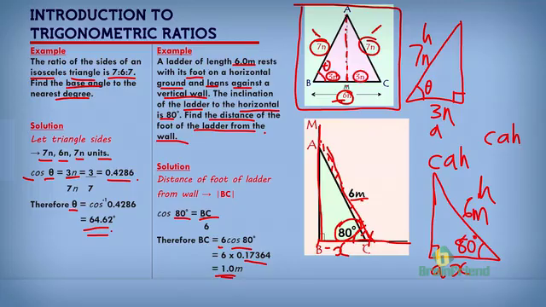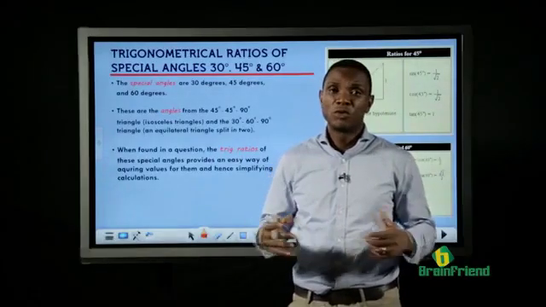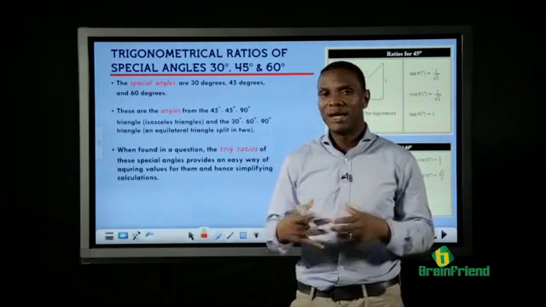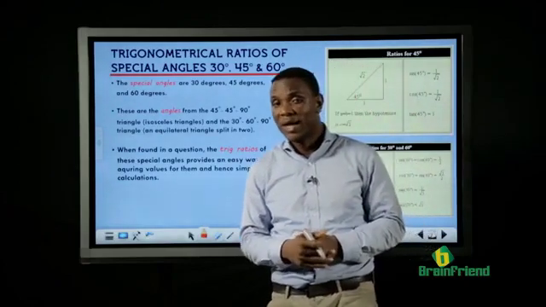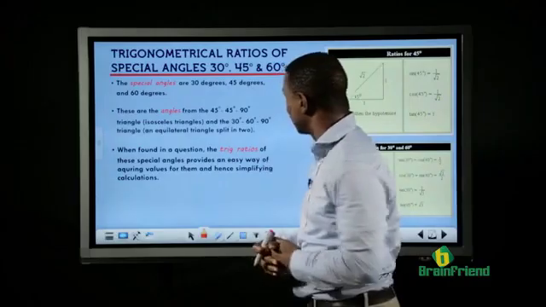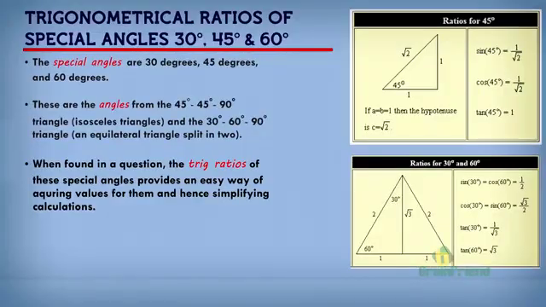Let's go on. Now, in the study of trigonometrical ratios, there are some special angles, okay, that we have. Those angles are the 30 degrees, 45 degrees, and the 60 degrees angle. They are the angles that form the 45, 45, and 90 degrees triangle.